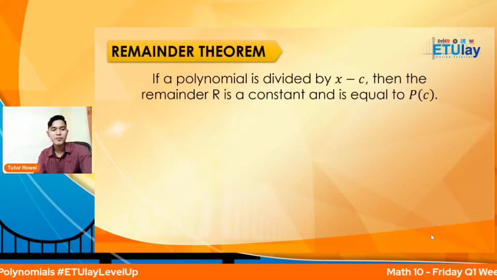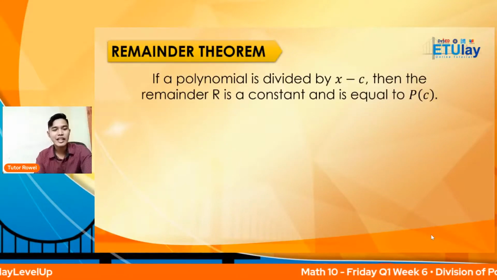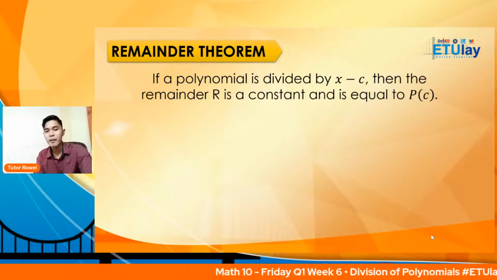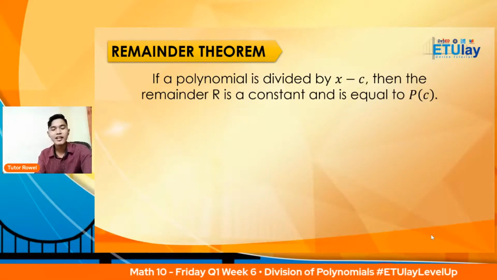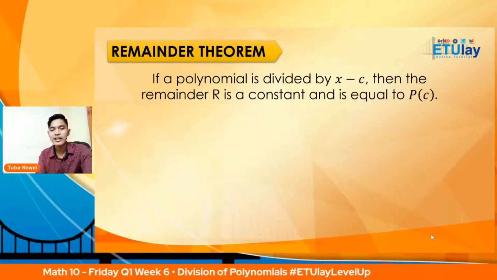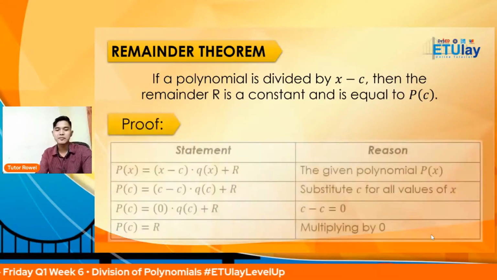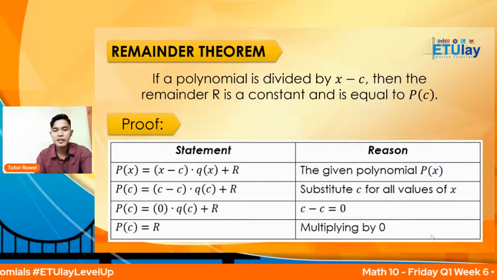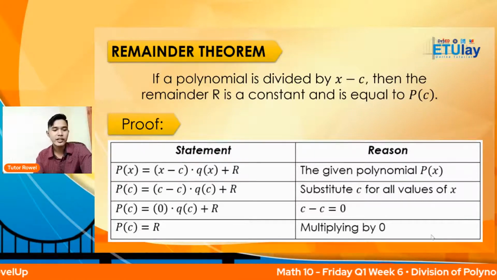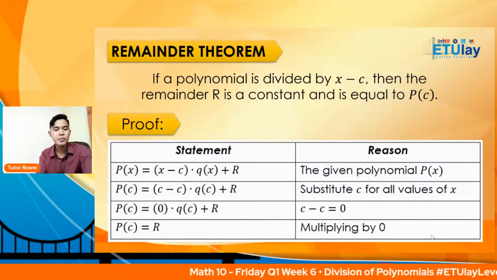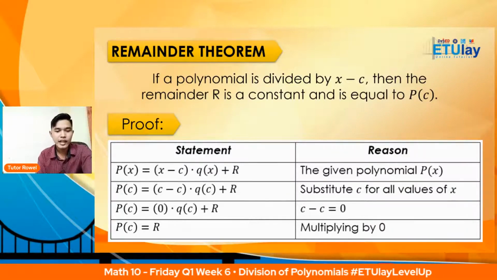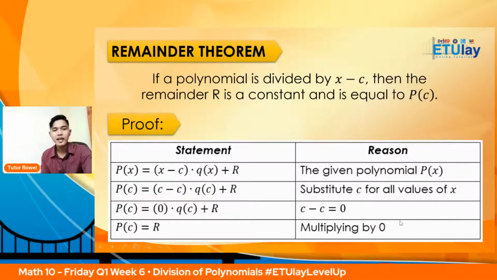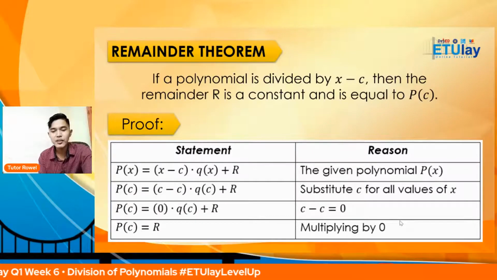So, mathletes, sa remainder theorem, if a polynomial is divided by x minus c, then the remainder r is a constant and is equal to p of c. So, ito yung proof. Hindi ko na ito masyadong patagalin kasi may example pa tayo. So, ito yung statement. We have the given polynomial. Now, from the given polynomial, substitute c for all values of x.